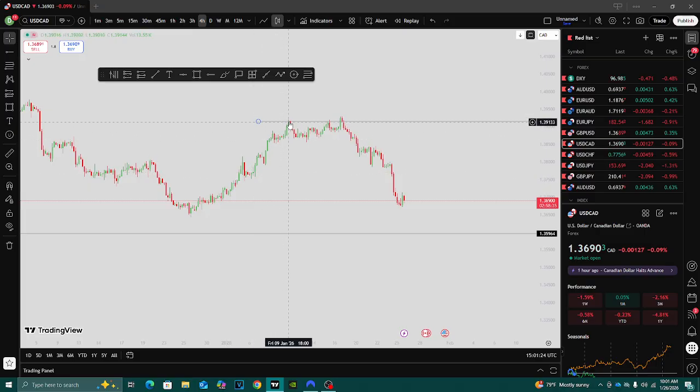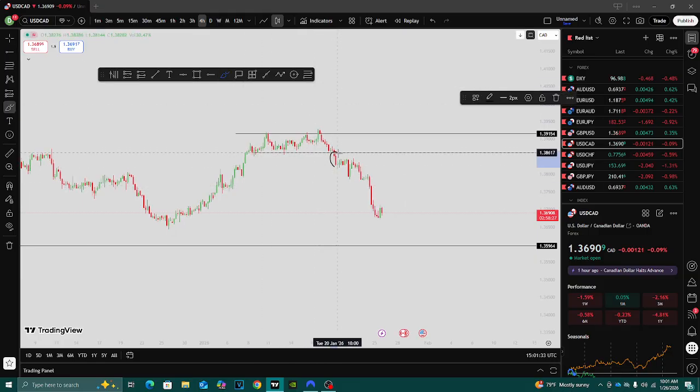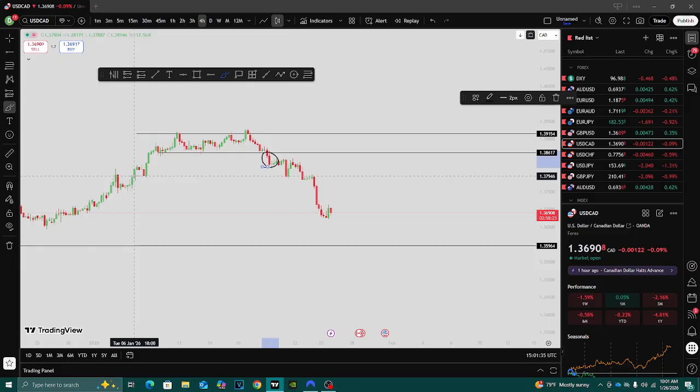So this is the last low right here. It broke under on this candle, swept this low, came back up.